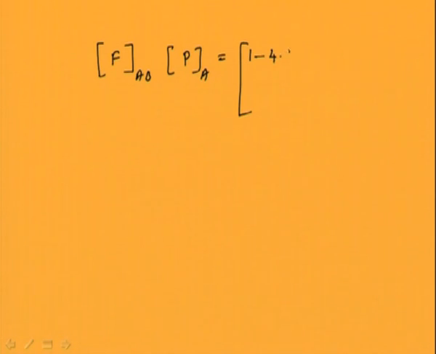I am giving the final form of that matrix, that is FAB and PA, and if we substitute the values here, we will get this.